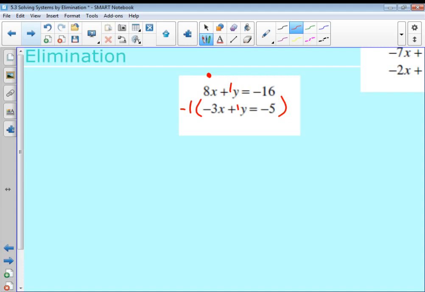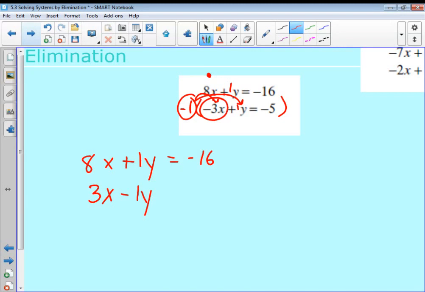Okay, so my two equations, I'm still going to keep the 8x plus 1y equals -16. I'm going to change this bottom equation. So -1 times a -3 gives me a positive 3x. And a -1 times a positive 1 gives me a -1y. And a -1 times a -5 gives me a positive 5 in the back end.